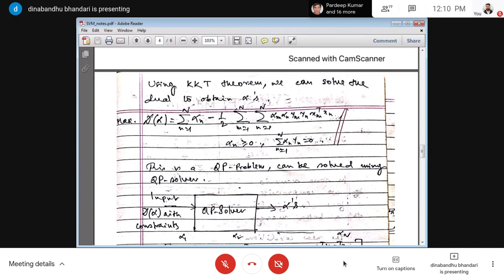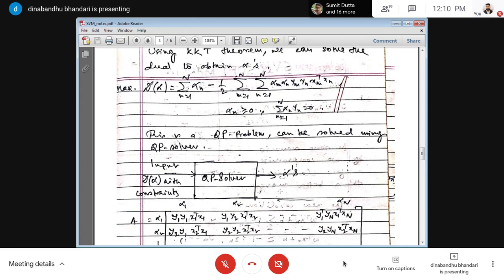Whenever we write the program, we do not fit the equation; we feed the coefficient of x square, the coefficient of x, and the constant term, and then we solve it. So here also we have a QP solver. You feed the coefficients of the linear terms, the coefficients of the quadratic terms, and the constraints, and this QP solver will give you the alphas.